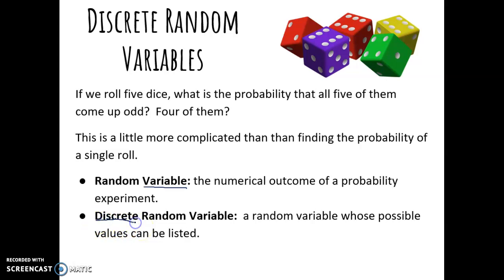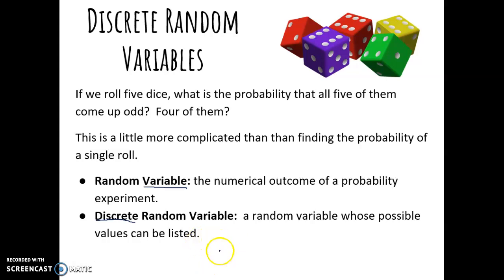If you think back to the word discrete when it was introduced, it was defined as data that could be counted or listed. So things like the number of pencils in your backpack, you can count those, 1, 2, 3, 4, 5. So a discrete random variable is a random variable whose possible values can be listed.